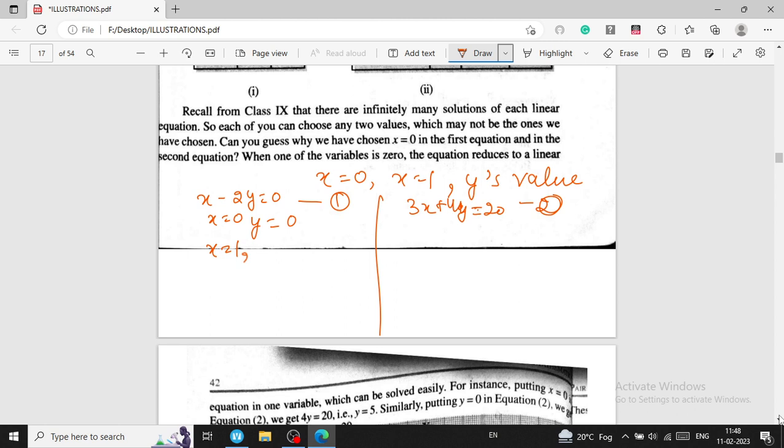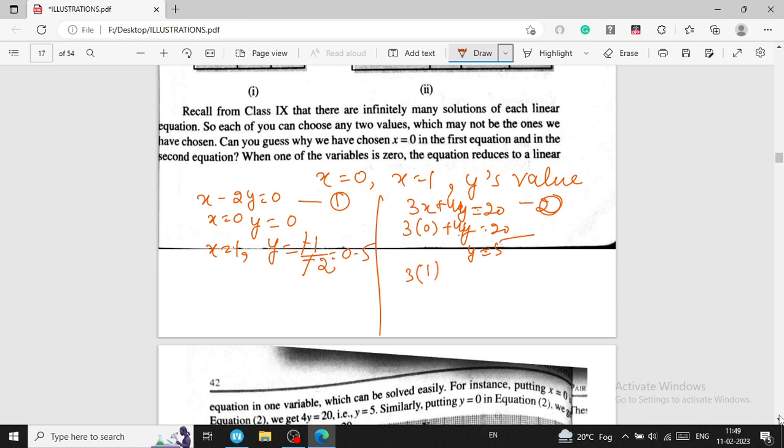X is equal to 1, then y is equal to 1 over 2, because this 1 goes to the right side and minus 2 goes in the denominator, minus cancels with minus, that is 0.5. Now substitute the same in the second: 0 plus 4y is equal to 20, y is equal to 5, because 20 is divided by 4.